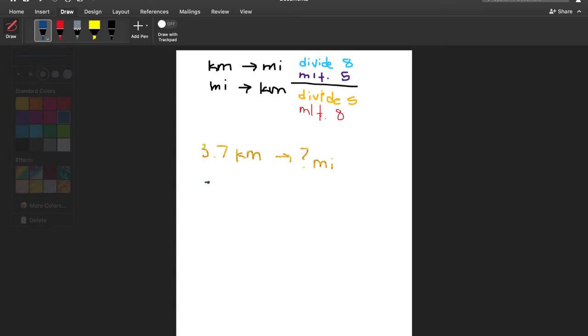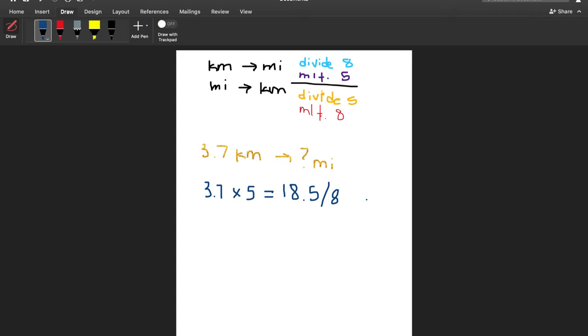So we have 3.7 kilometers times, and this time we can multiply by 5 first. It doesn't matter which way you do it. 3.7 times 5 is equal to 18.5. So we're going to get 18.5. And then all we do is divide by 8.